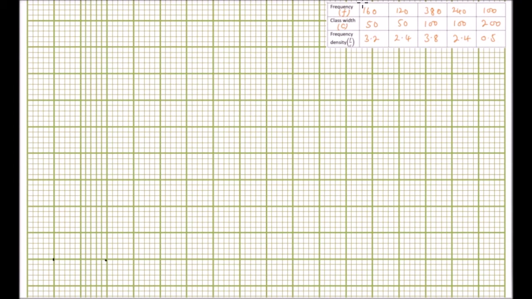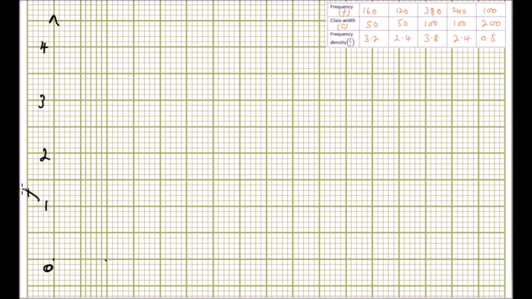So I'll say this is our 0, this is 1, 2, 3, we have 4. I think the highest density is 3.2, 3.8, so 4 is okay.